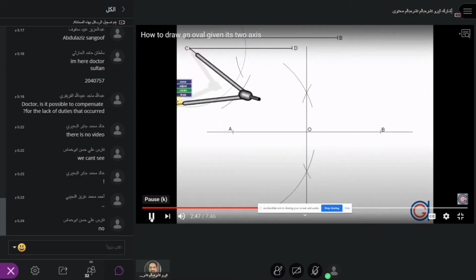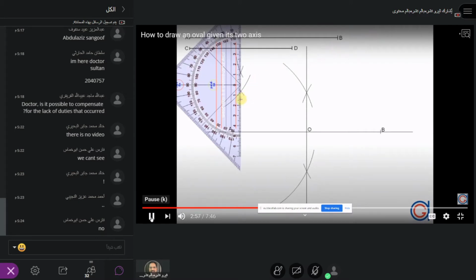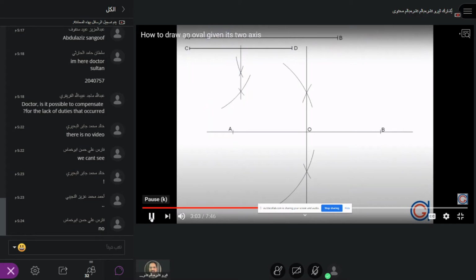The first 2 arcs will intersect each other at a point, while the second 2 arcs will intersect each other at a different point. So now we join these 2 points with a line, and this line will be the perpendicular bisector, as shown here. This perpendicular bisector cuts the axis CD in half at the midpoint M.